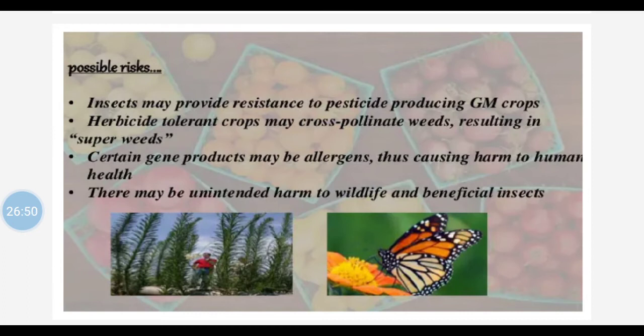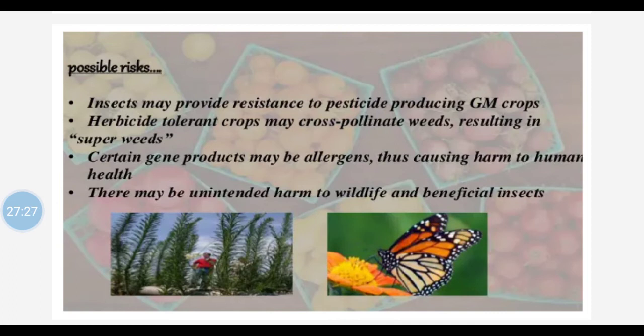Then there are certain possible risks. Insects may develop resistance to pesticide producing GM crops, so there may be resistance. Then herbicide tolerant crops may cross pollinate weeds resulting in super weeds.